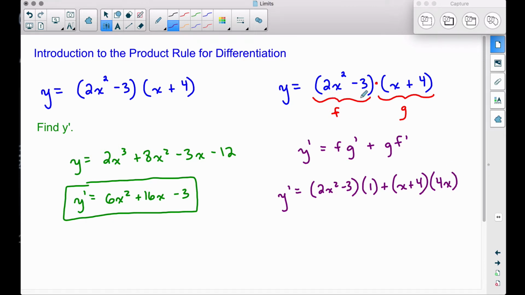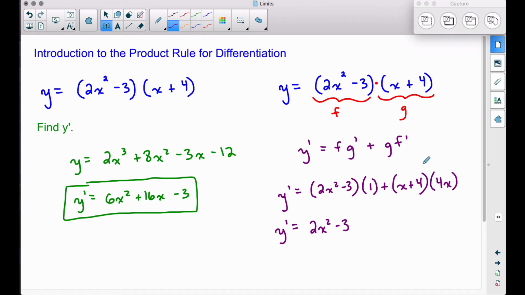Again, using our basic differentiation rules there, pull the 2 down, multiply it by 2, we have 4x to the first now when we subtract exponents, and the derivative of a constant is 0. So now let's clean this up and let's see if it matches what we have over here. Taking this 1 and multiplying it by this binomial does not change anything. So we have 2x squared minus 3.